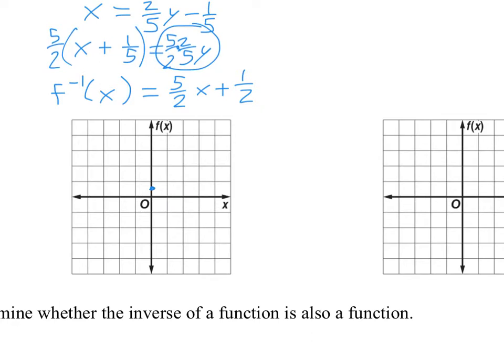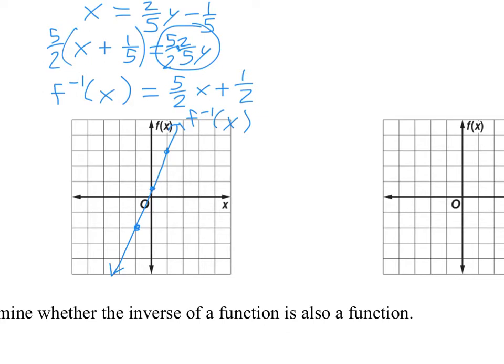I'm going to go up 2.5 and over 1. And I'm also going to go down 2.5 and left 1. Then I'm going to draw a line through those 3 points. And I'm going to label that this was the inverse, f inverse of x.